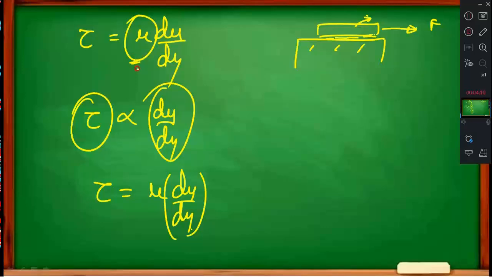Mu is a property of that lubricant. You can apply that lubricant on a plate, or you can apply it for a shaft, or wherever you want, but dynamic viscosity is the same, constant. Right? So be a little careful. Now we'll go to the types of fluid.